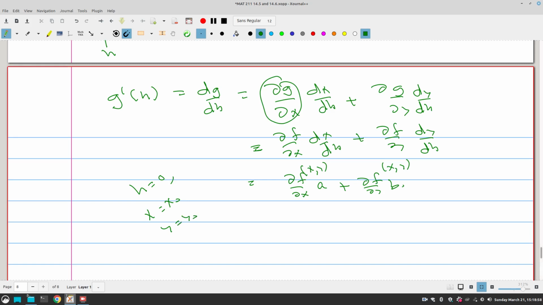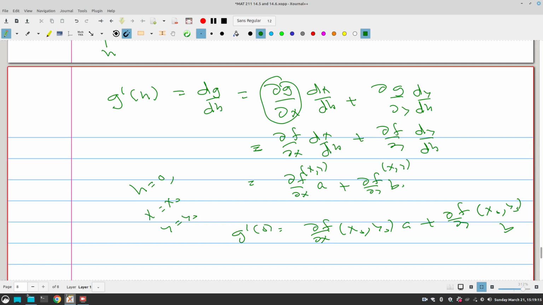So g prime of 0 equals partial f over partial x at x naught y naught times a, plus partial f over partial y at x naught y naught times b.